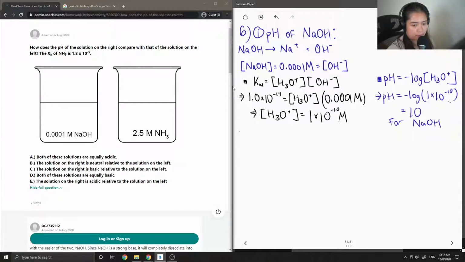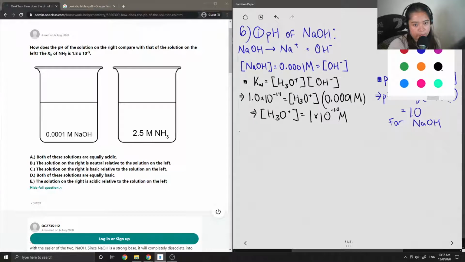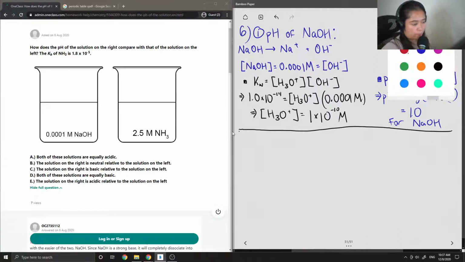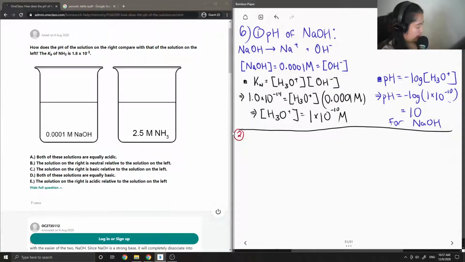And this is for the NaOH solution, which is on the left. So now step 2 is just to find the pH of our weak acid NH3. Or weak base, sorry. Weak base.